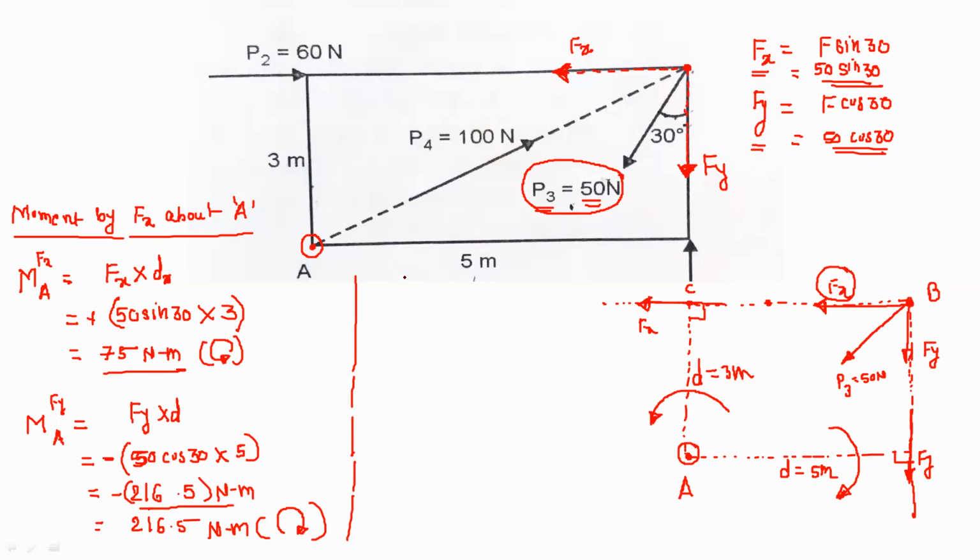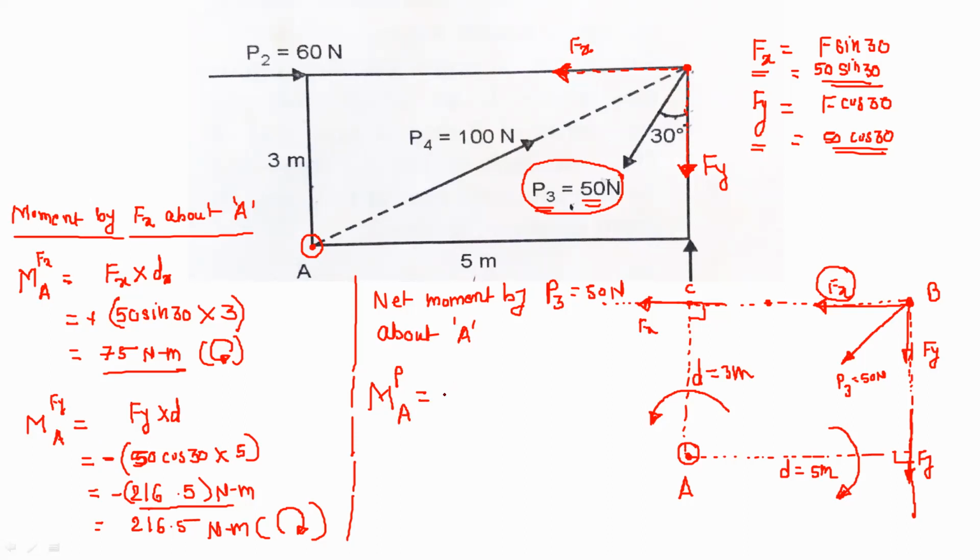So for that, we will write the net moment by P3, the 50 Newton force, about the point A. I will write here: moment by the P force about the point A is equal to, now just add these two moments and take the direction.